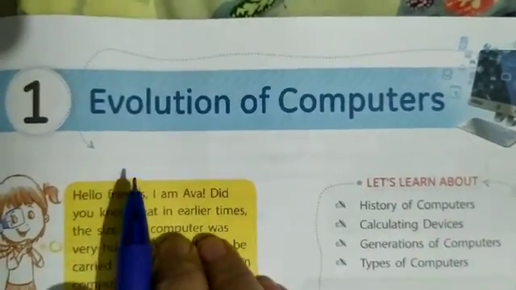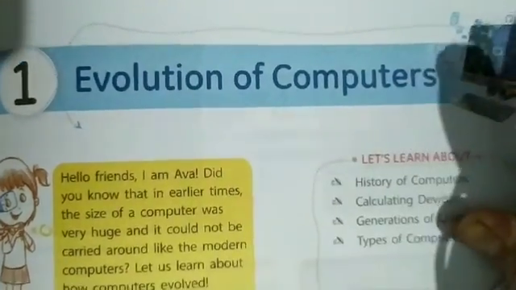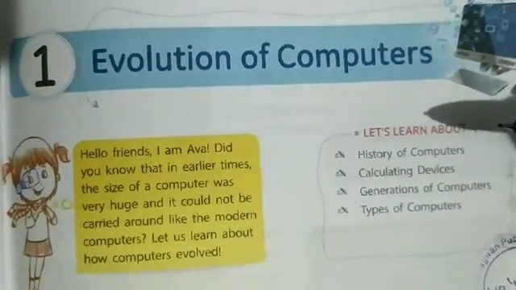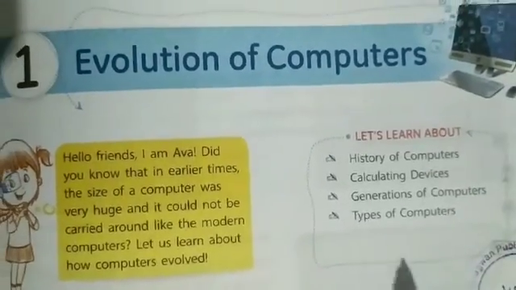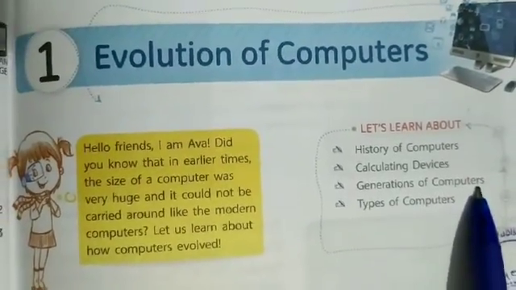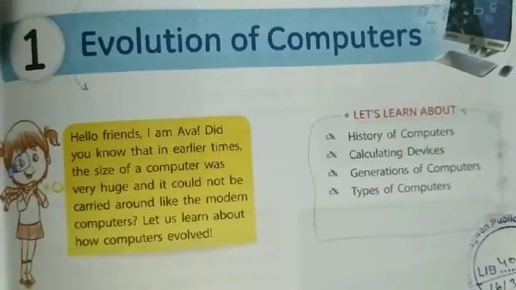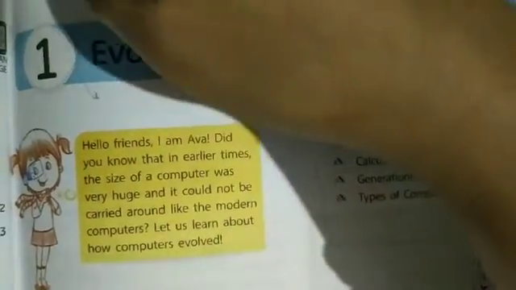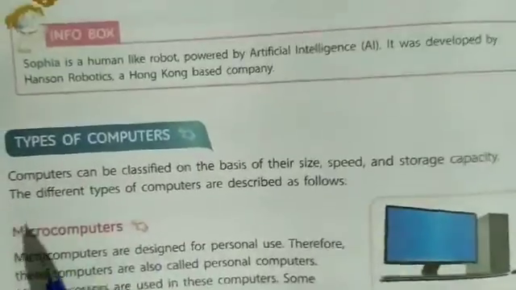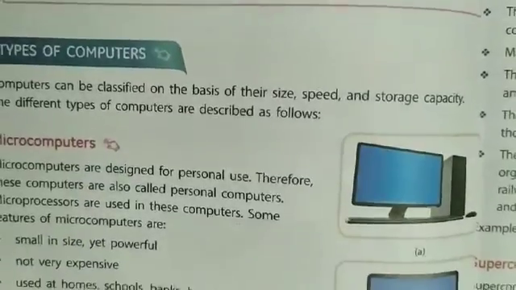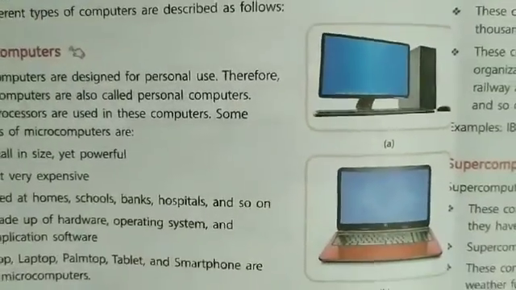Lesson number 1, evolution of computer. In this chapter we have done revision of history of computer, calculating devices, generation of computers. Now today we will revise types of computer. Computers are classified on the basis of their size, speed and storage capacity.